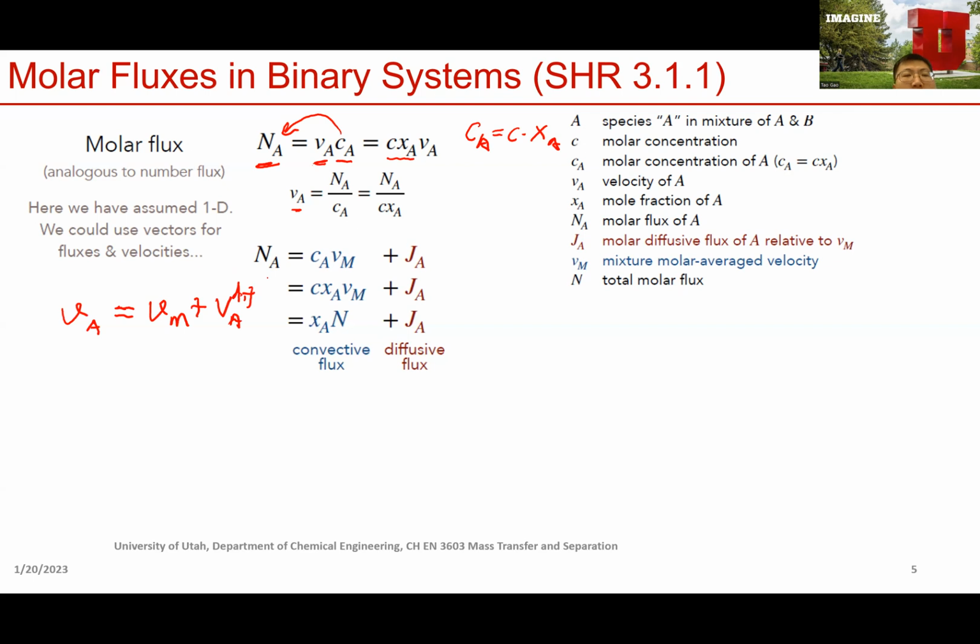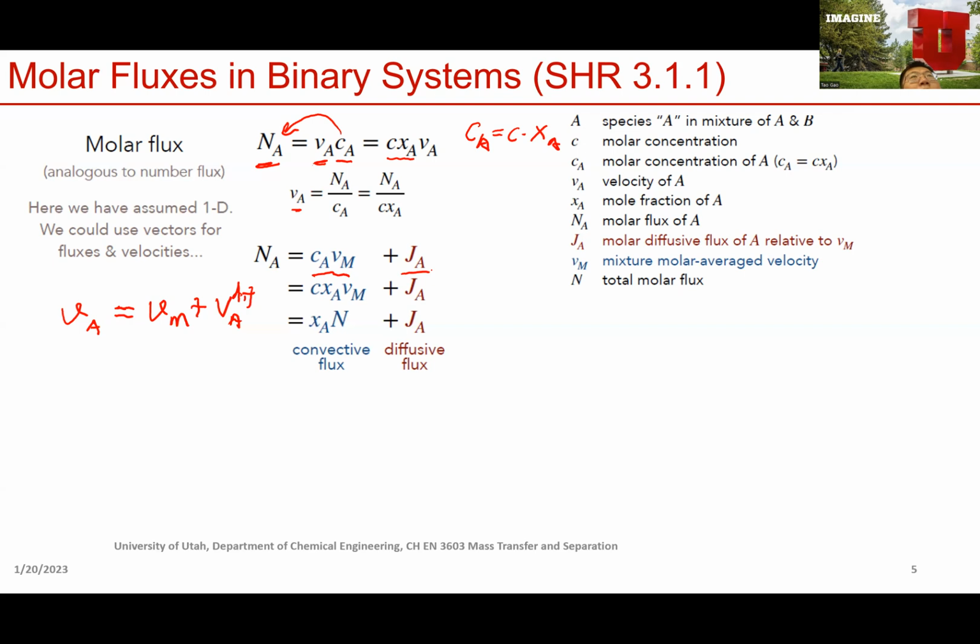By the same token, we can write down molar flux in a similar format. So we decompose the molar flux of A into components. One is due to the average motion of the fluid, right? So it's going to be C_A multiplied by V_m, right?